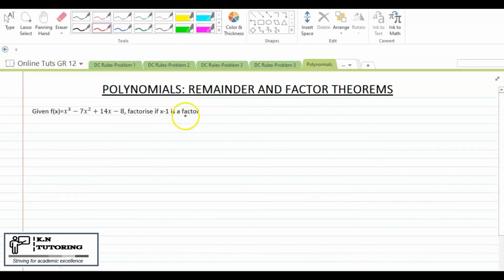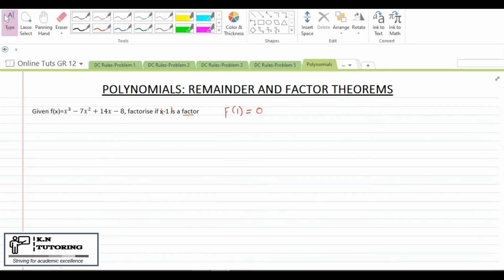So what do we know from the factor and remainder theorem? If x minus 1 is a factor, then we know that f(1), not negative, positive 1, is going to give us a remainder of 0.